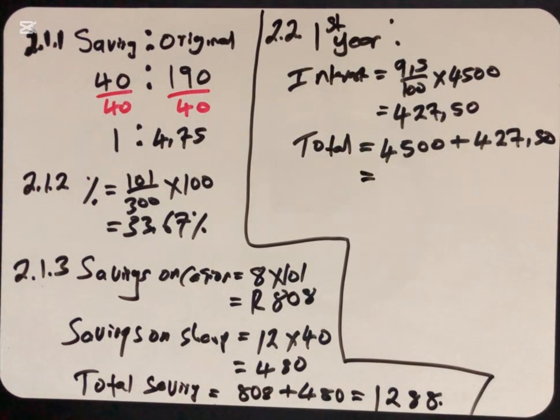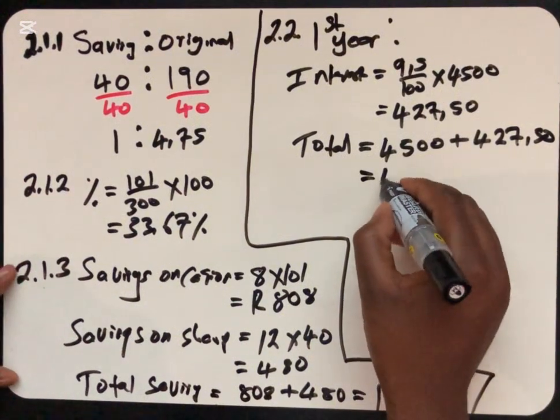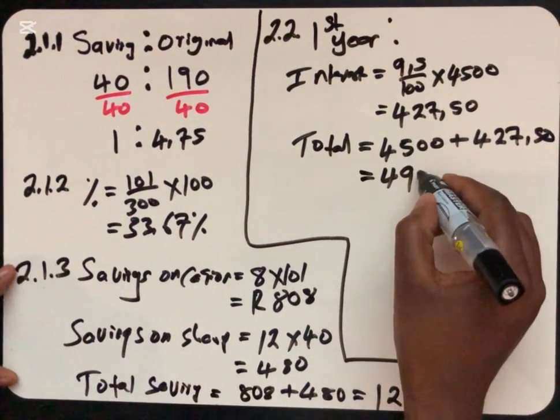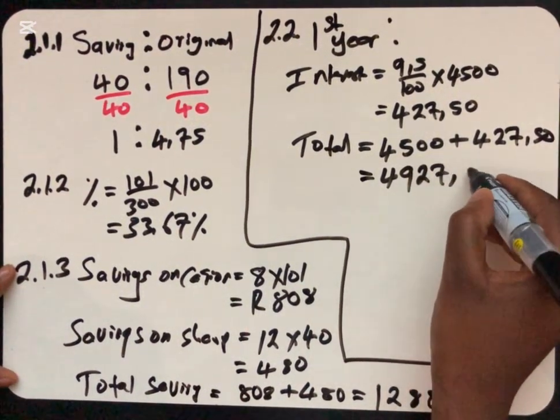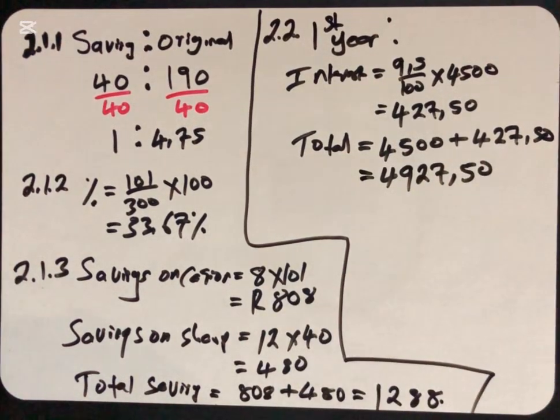So at the end of the first year, these learners are going to have 4,927.50. So this is the amount that they are having at the end of the first year. You should not forget that they have invested this for 2 years.